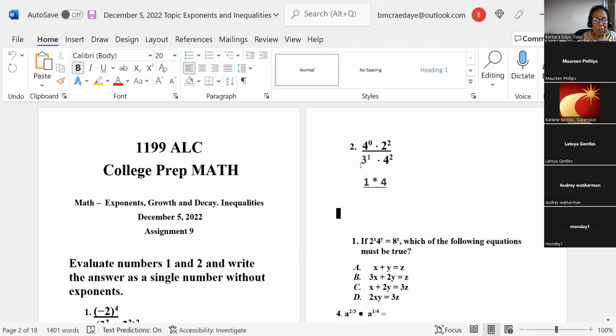Now, what's 3 to the first power, Maureen? 3 to the power of 1. 3 to the first power is 3. That's right. Very good. And we've got multiplying. I'll put an asterisk again. What's 4 to the second power? 16. Okay, so let me make this all bigger.